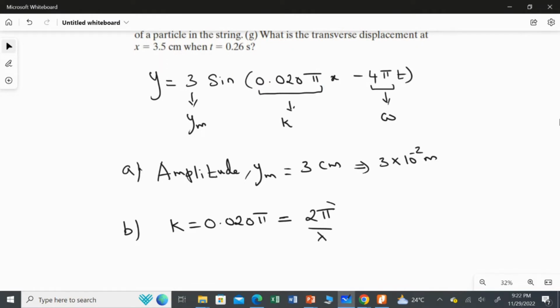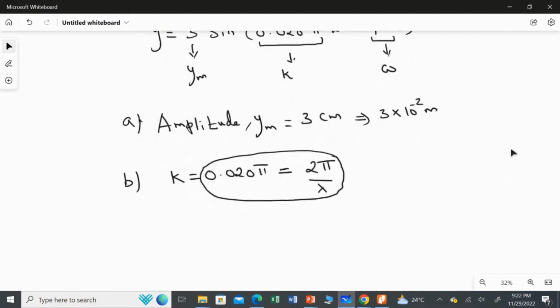Clear? So I am going to find the value of lambda from this. Here I just wrote the formula for the angular wave number, taking its value from the wave equation given in the question.